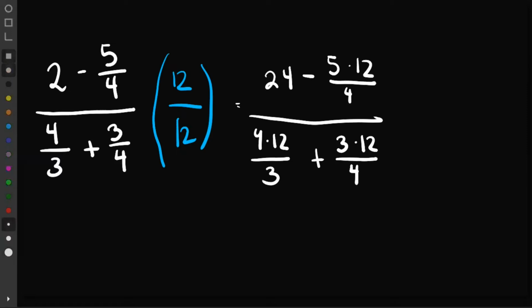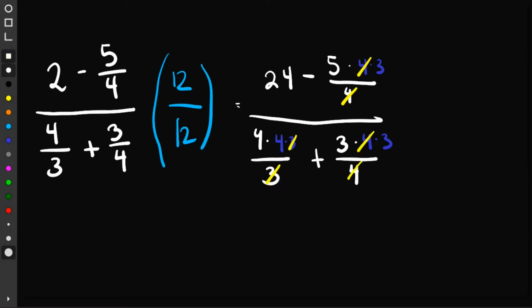Again, we can write 12 in these fractions as 4 times 3, 4 times 3, and 4 times 3. So we can now cancel some common factors out here. We can cancel out the 4 here, the 3 here, and the 4 here.